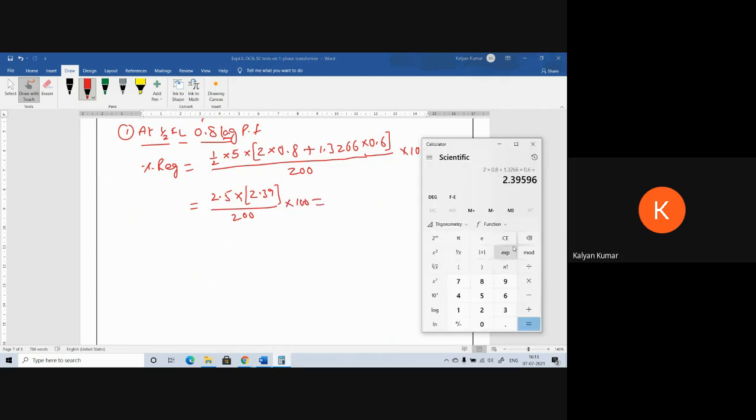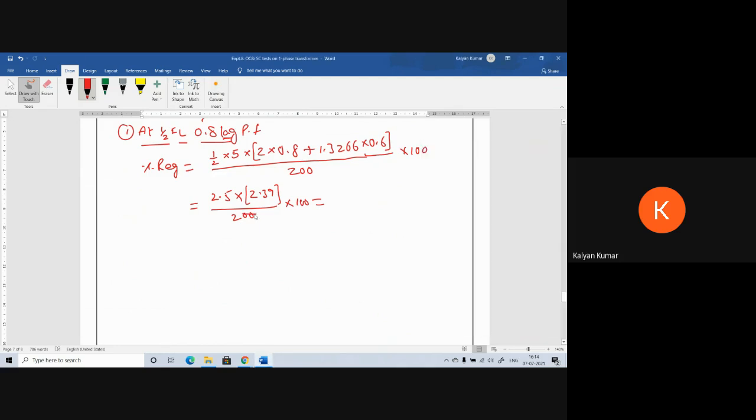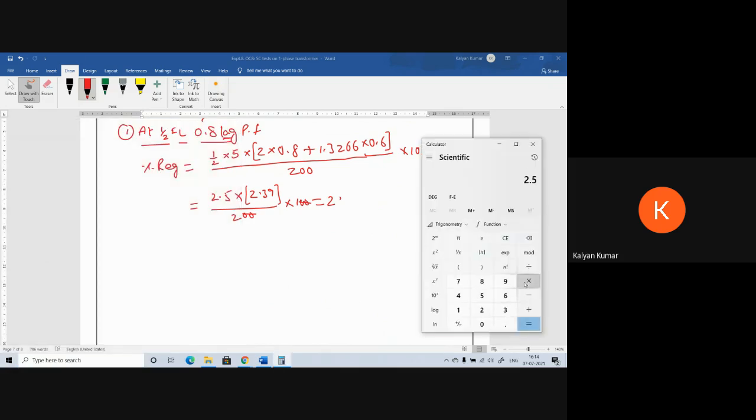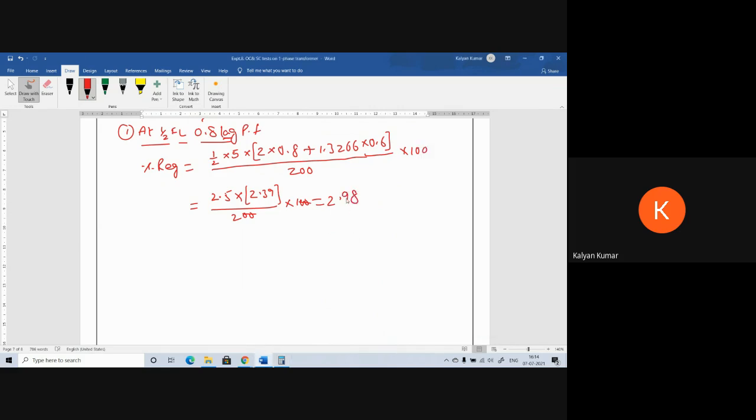Here we are going to get 2.5 into 2.39 divided by 2, since the 00 cancels. So 2.98 as the percentage regulation that we are going to get.